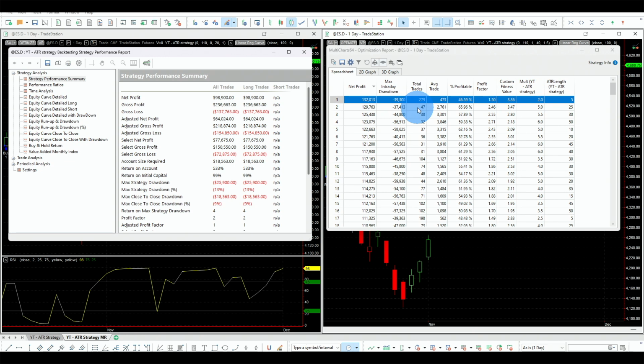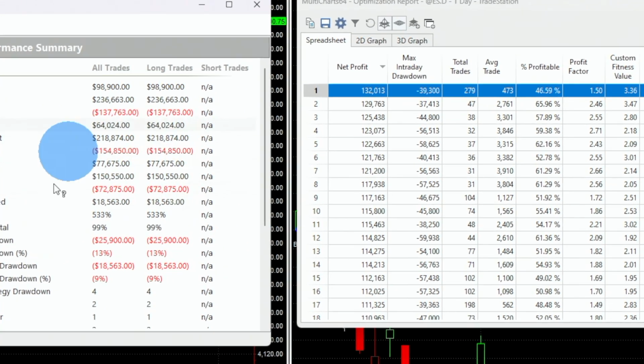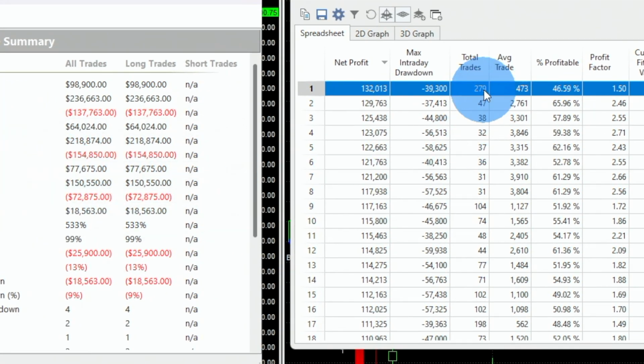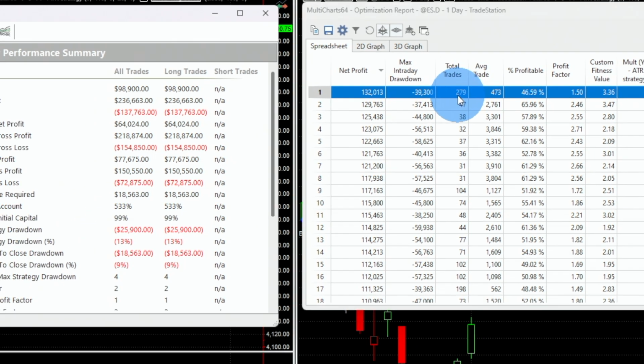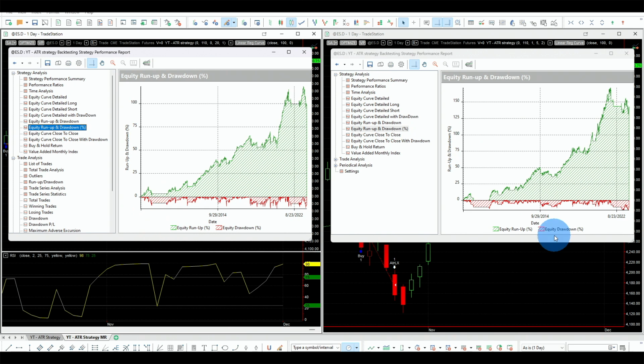Also, we suffer a lot in the number of trades. Here we have 242 trades. And over here, this one is 279, and this one is 104, and this one is 102. This is the only one that's above 200 trades. And this is the difference between the two. So this is an overfit strategy with the ATR, and this is the original strategy with only RSI.